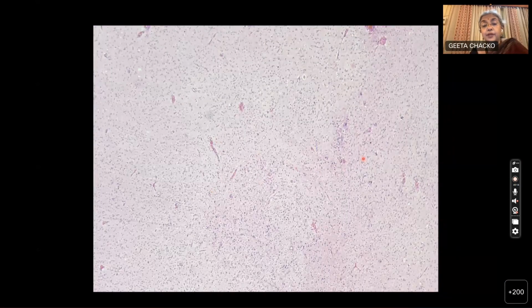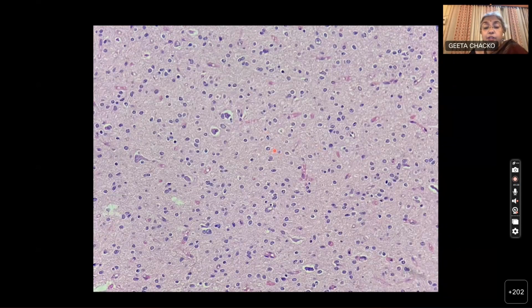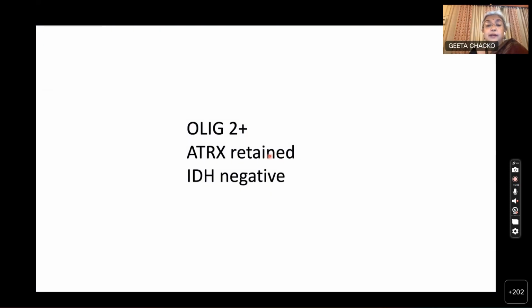Like you rightly pointed out, there are these thin-walled vascular channels and a very oligo-like appearance with monomorphic nuclei, diffusely dispersed with some clearing of the perinuclear zone, very much like what you expect to see in an oligo-like tumor. So you have OLIG2 positive. Therefore, what does that imply? That it is likely to be a glial tumor, correct?